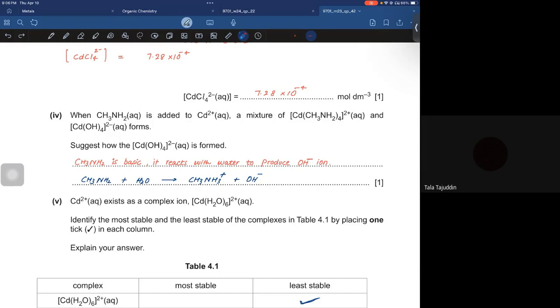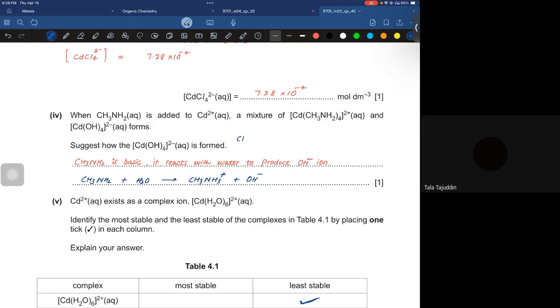So you will say, this is basic in nature. Why? It has a lone pair of electrons. It reacts with water to produce OH minus ions. How? Let me explain it.